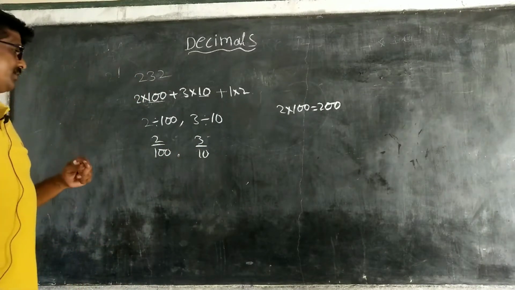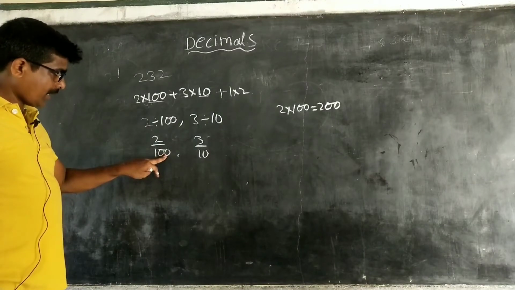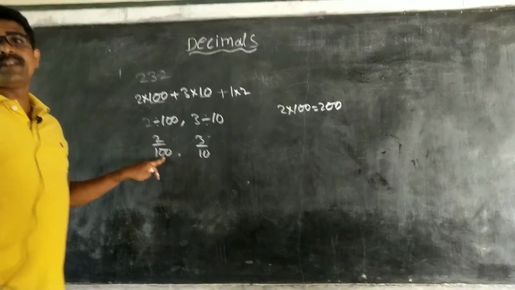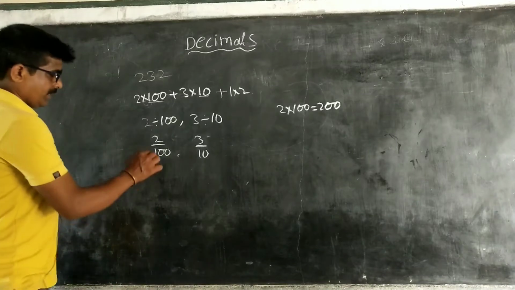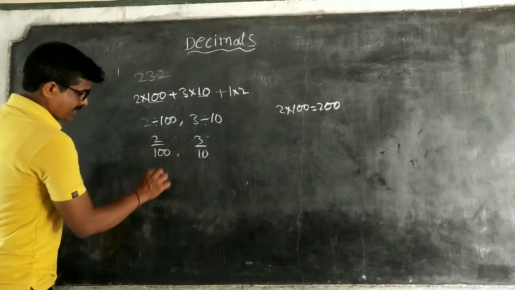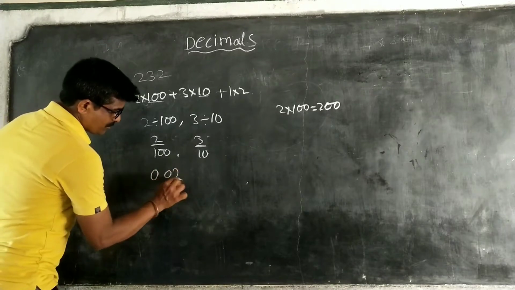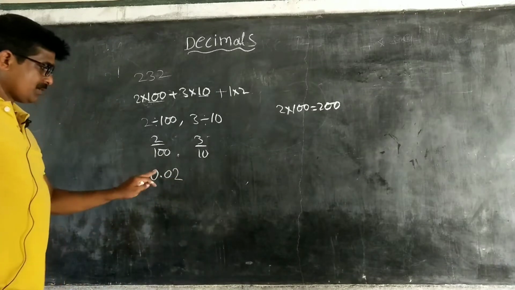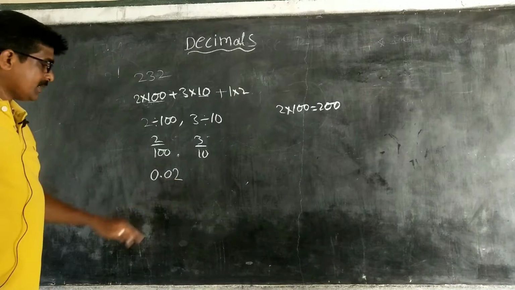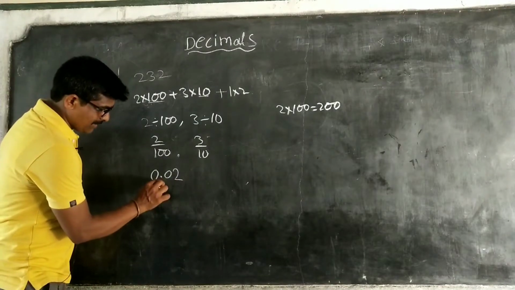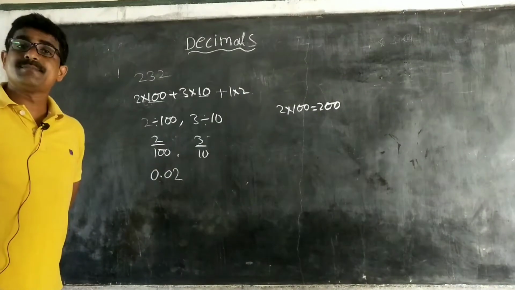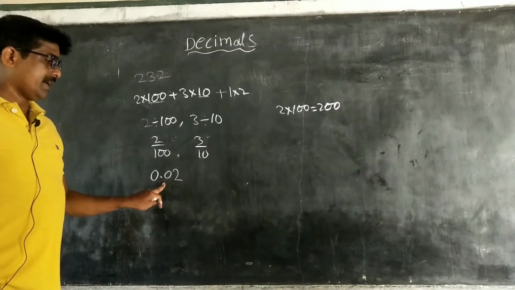In this situation, 100 in the denominator has how many zeros? 2 zeros. That's why we write 0.02. This is a decimal, and this is the decimal point.